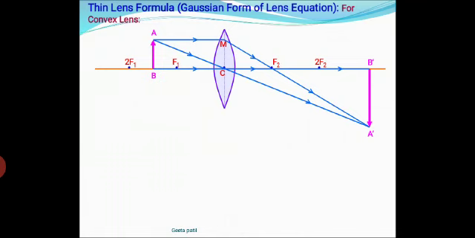This image is inverted in nature. Let U be the distance of the object from the center of the lens, that is, the object distance. Let V be the image distance, F be the focal length, R be the radius of curvature of the convex lens.